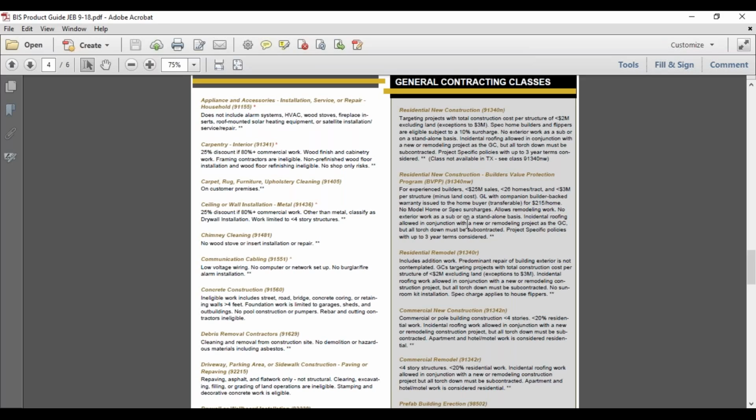We work with a company called PWS, Professional Warranty Services, who does the administrative work on it. All it is, we enroll the insured in this product at issuance of the policy, and every time the insured completes a home, that home gets enrolled in the agreement.